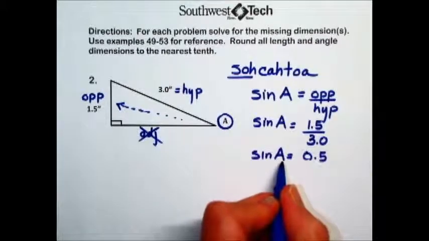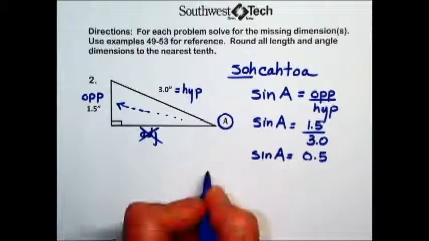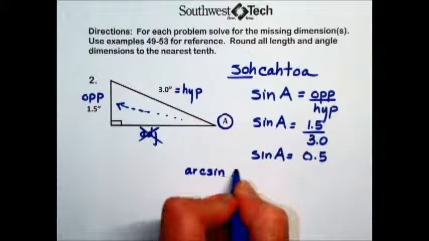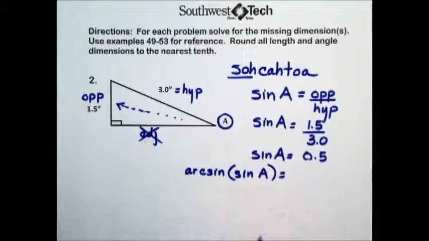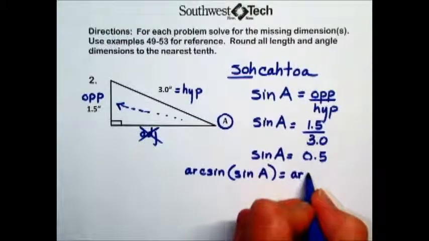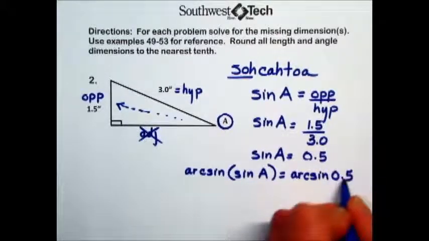To get to our angle A, or have angle A by itself, we need to undo the sine. To do that, we will take the arc sine, which is the inverse function of sine. What we do to one side, we need to do to the other side. So we will take the arc sine of the right-hand side as well.